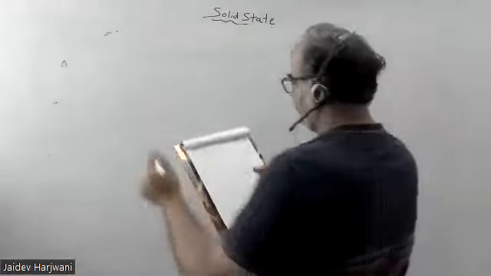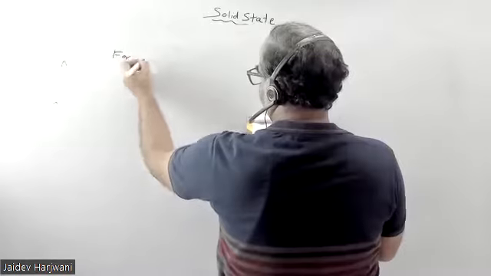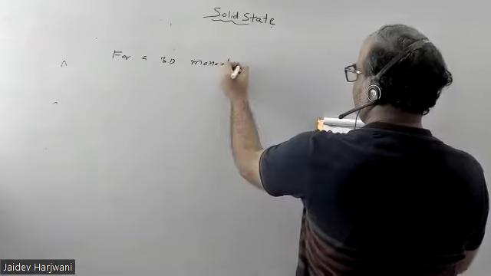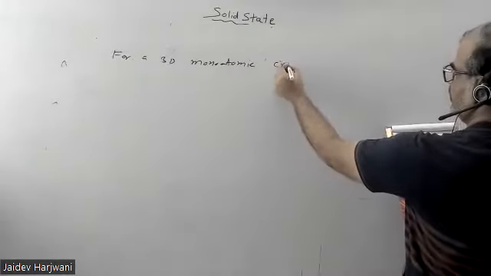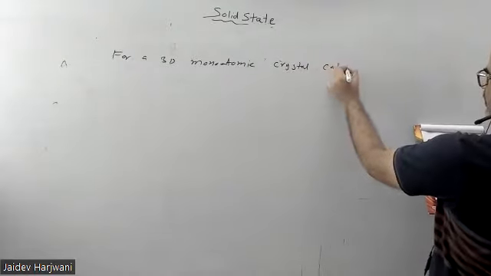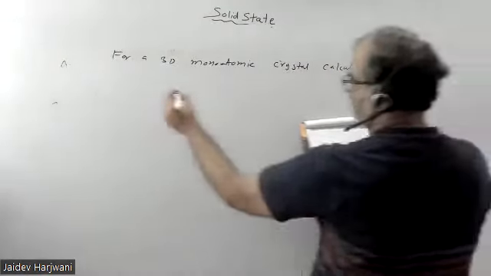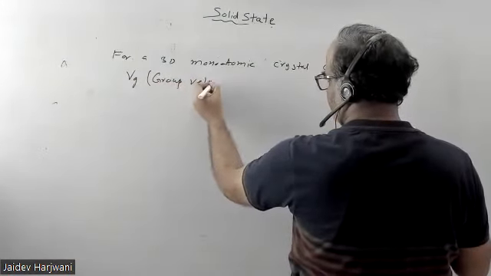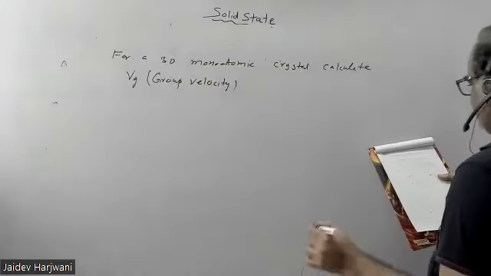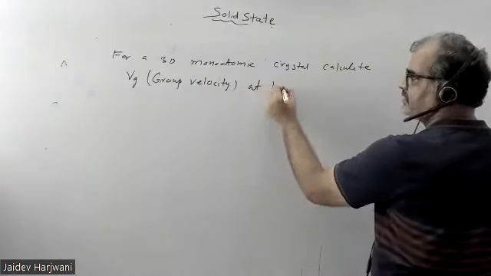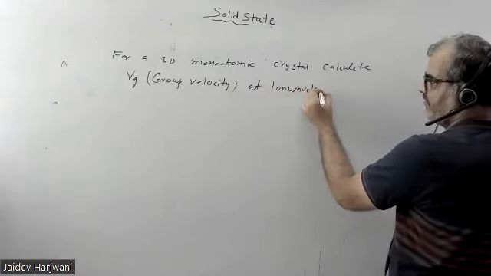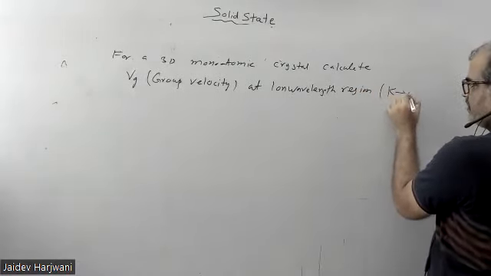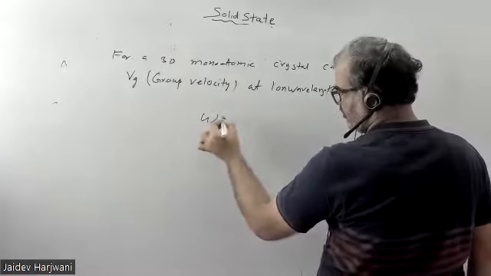Say for a 3D monoatomic crystal, calculate Vg, the group velocity, at the long wavelength region. Long wavelength region means k tends to 0, and they have given you the omega relation.